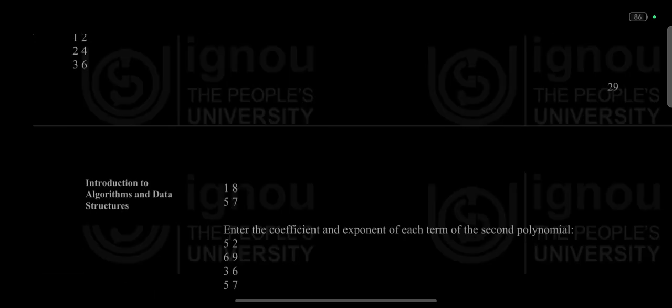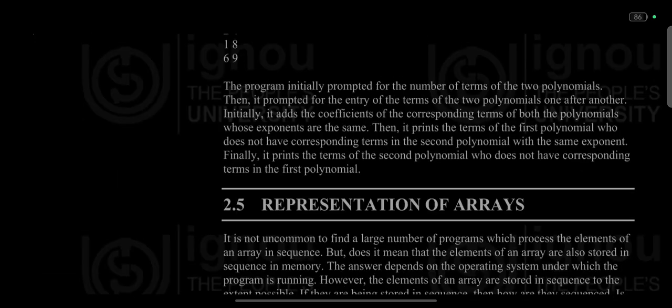Here the program initially prompted for the number of terms of the two polynomials. Then it prompted for the entry of the terms of the two polynomials one after another. Initially, it adds the coefficients of the corresponding terms of both the polynomials whose exponents are the same.